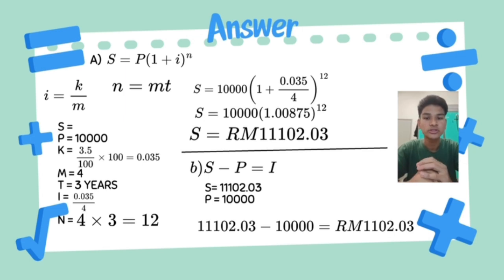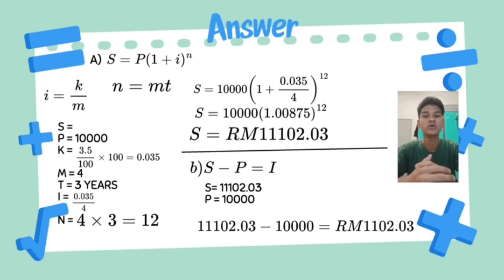So we use this formula, which is S equals P(1 + i)^n. S we don't know, because that's what accumulated amount means. P is 10,000, K is 0.035, M is 4 and T is 3 years.